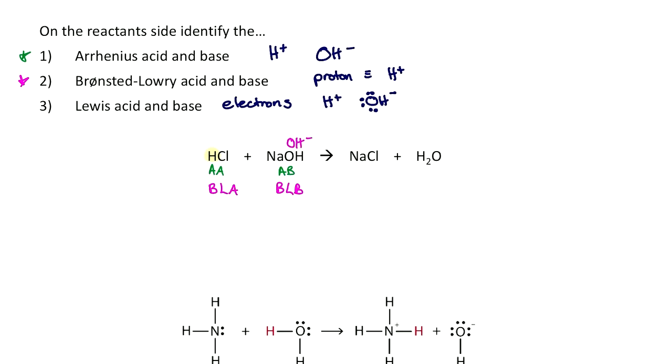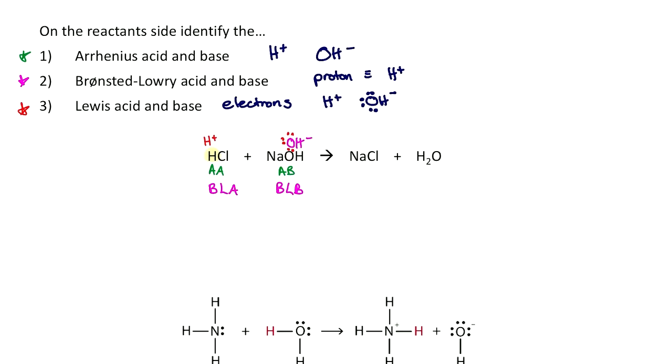And then our last one, Lewis acid-base theory. Remember, we have HCl, that is H plus, and sodium hydroxide is OH minus, and it has all of those lone pairs on it. In Lewis acid-base theory, are we looking at movement of protons? Nope, we're looking at movement of electrons instead.